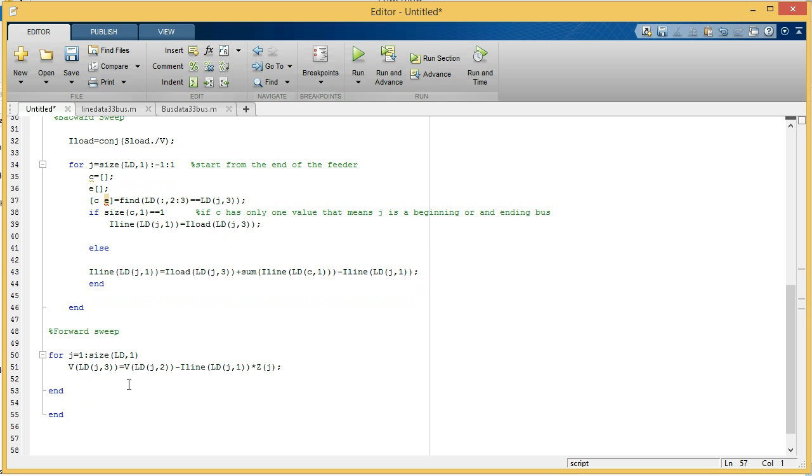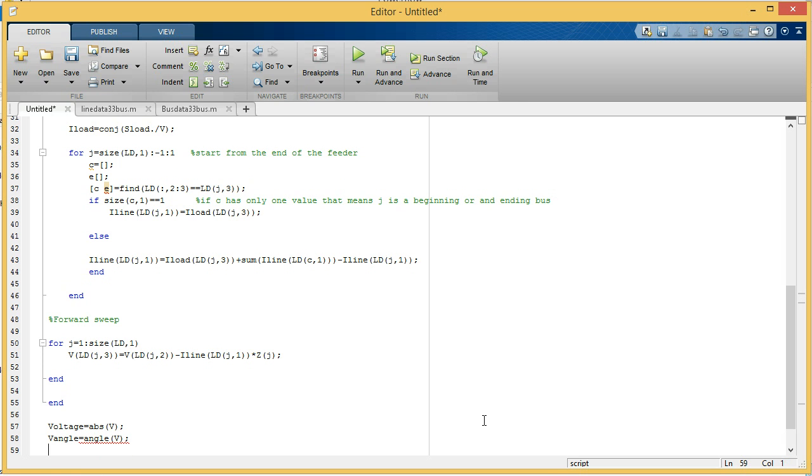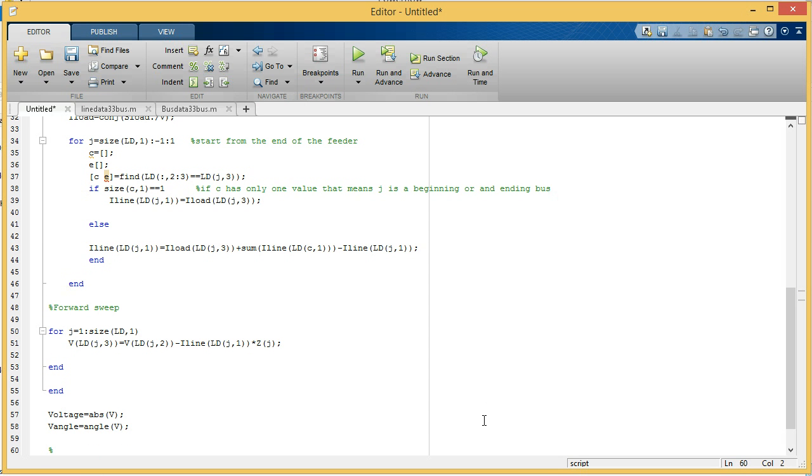That's all. Oh, we can also calculate the losses of the lines. Let me first divide voltage, magnitude, and angle. And after that we can calculate the losses.